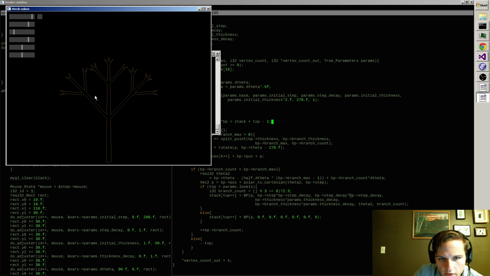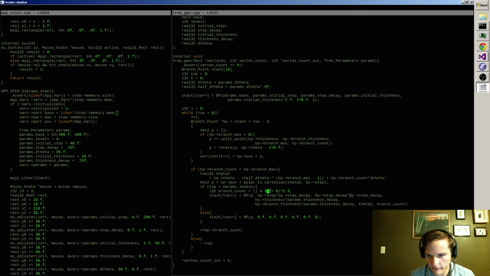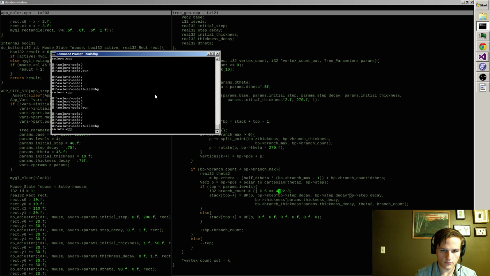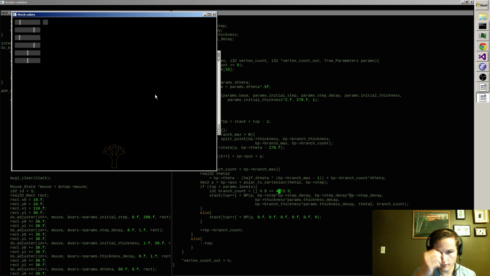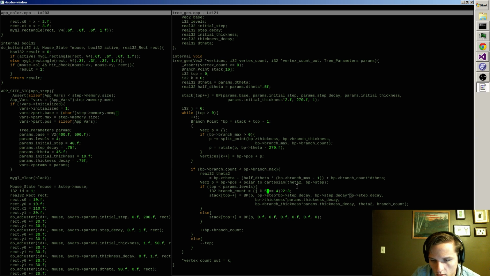Oh, now all of the 2's are at tips. Okay. Done with this. We're going to try 5 modulo 4. Trying to get one that looks good. No, it's still just at the tips. 2 modulo 0.